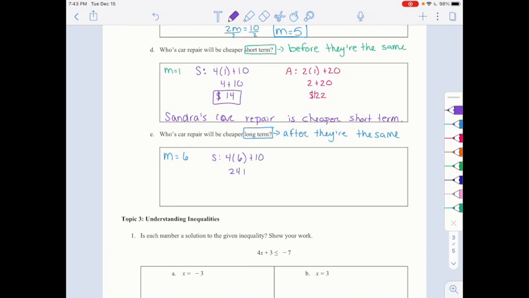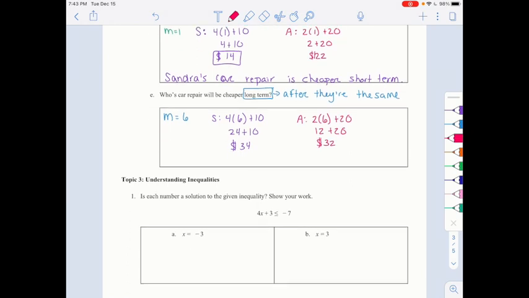That's 24 plus 10. That's $34 for 6 minutes. Aaron is going to be 2 times 6 plus 20. That's 12 plus 20. His is only going to be $32 for 6 minutes. So Aaron's car is cheaper long term.